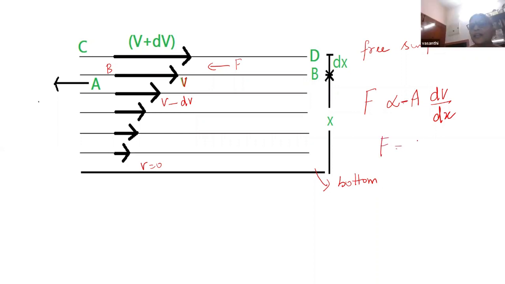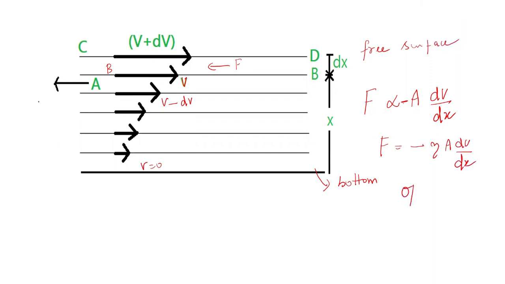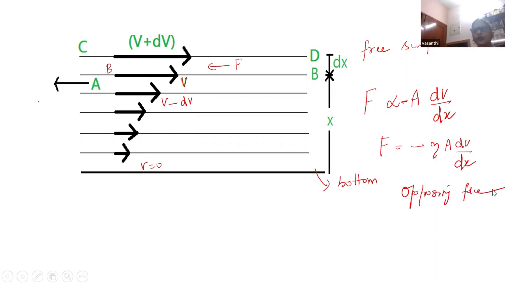So F is equal to minus... why the minus sign? It is a retarding or opposing force. So viscous force is the opposing force which comes into play to retard the relative motion between the different layers. Eta is the coefficient of viscosity.